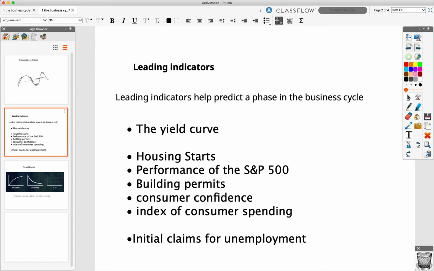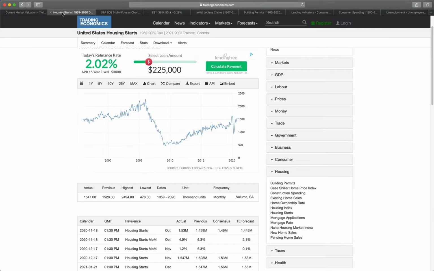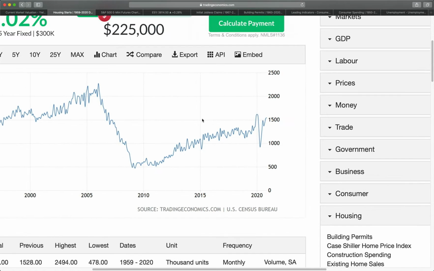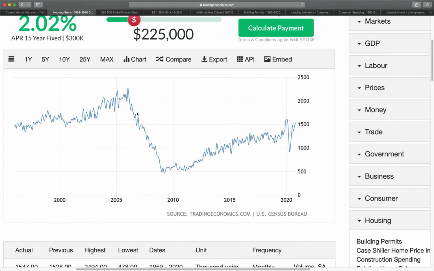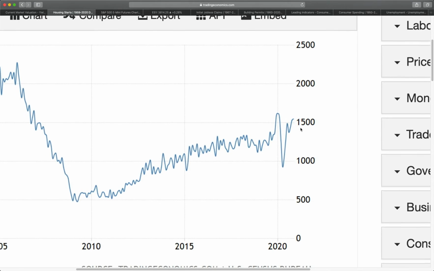All right, housing starts. So if we take a look at the charts, here we see the charts since 2000. We can see that the recession of 2007 shows that it decreased, but it's been increasing since, except for March of 2020.